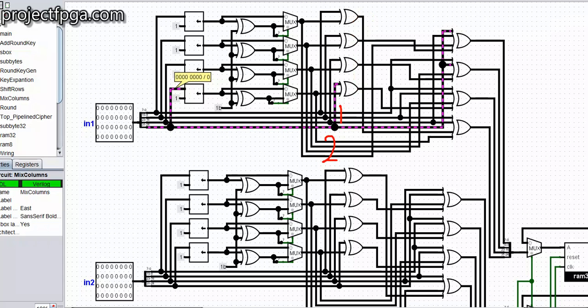See here, this is the output of multiplication by 2, and then I XOR each of them with the actual input. So this is for A0, you XOR it back with the initial input. This one is XOR with the initial input, this one initial input, and this one initial input. So I can say that here is where my multiplication by 3 came out.